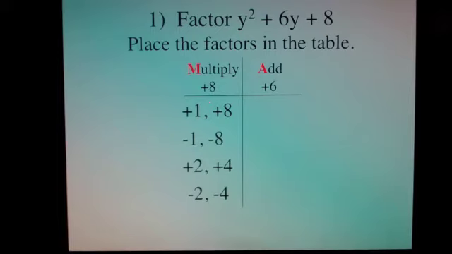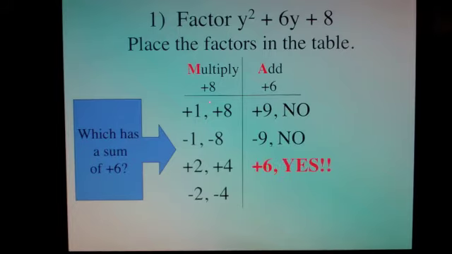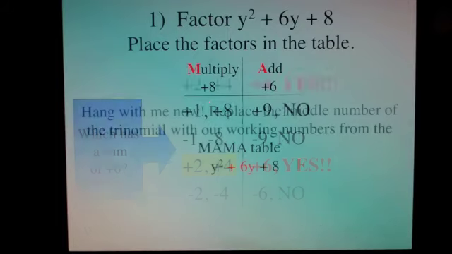Now what we have to do is add these together and determine which one has a sum of 6. 9, no. What do you think the next one is? Oh yeah, -9. And then here we go. Yes, that's it. 2 plus 4 is 6. So that's our middle term. All right, we've got it. We know which numbers we're going to use, and we're going to use them in the very next step.